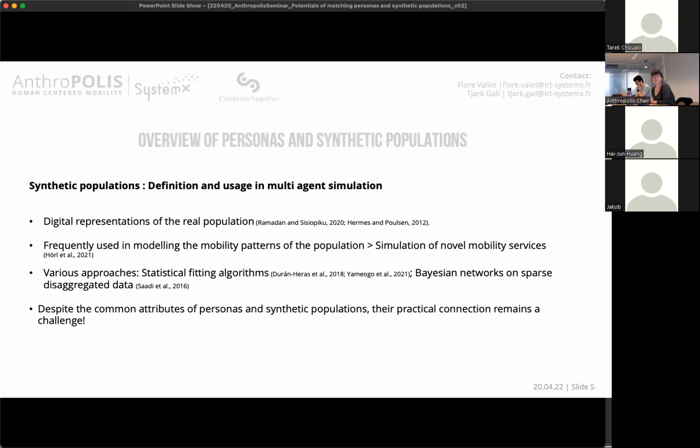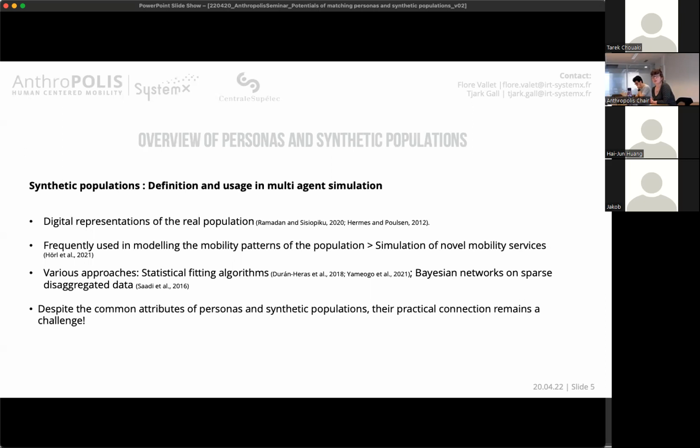These populations are digital representations of a real population that are used to describe mobility patterns for the population, and they are based on various types of algorithms.